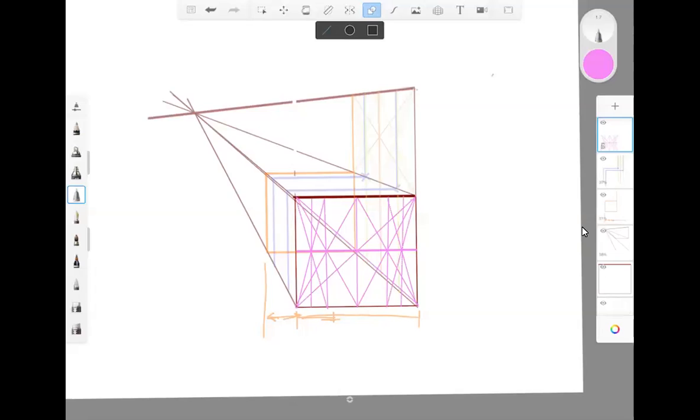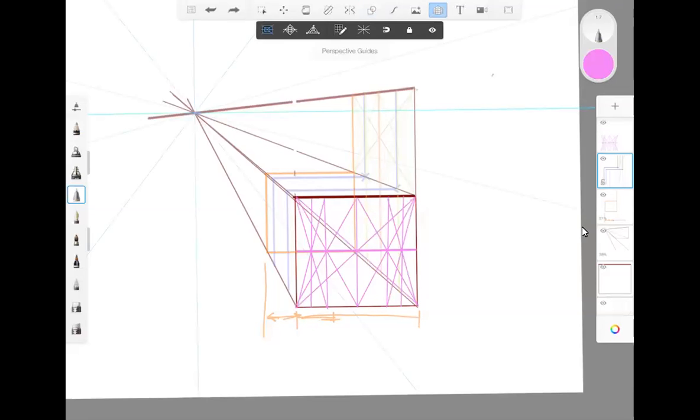Then I could go back to this layer that I was on before. Just redraw those two eighth verticals. Turn that off. Sorry, I didn't do a very good job there. That's why it wasn't vertical.